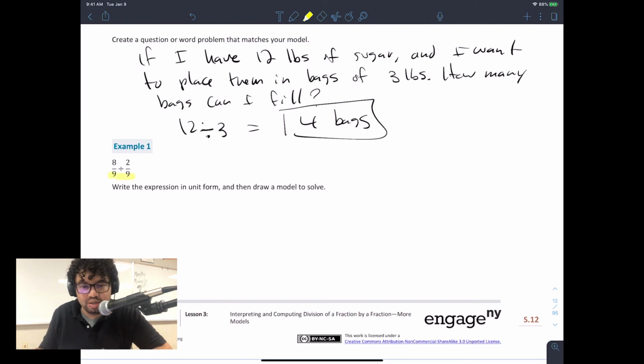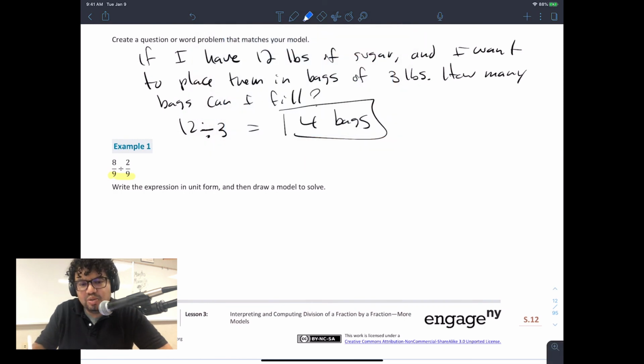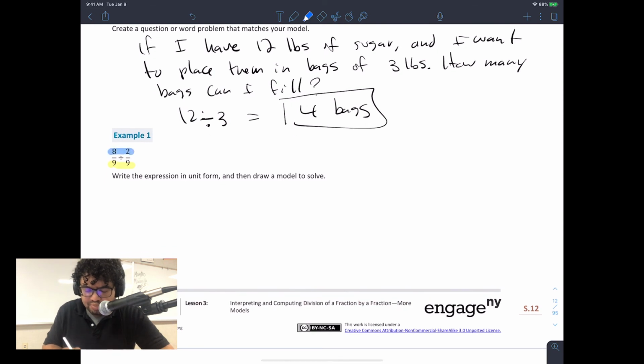When fractions have a common denominator, then you look at your numerators, and your answer is the first numerator divided by the second numerator.